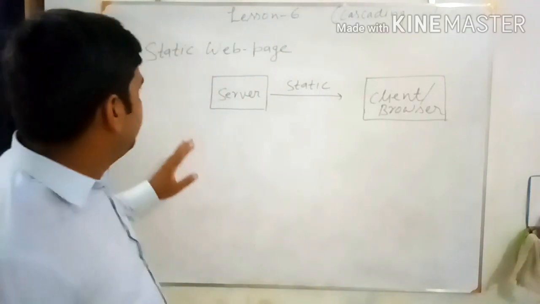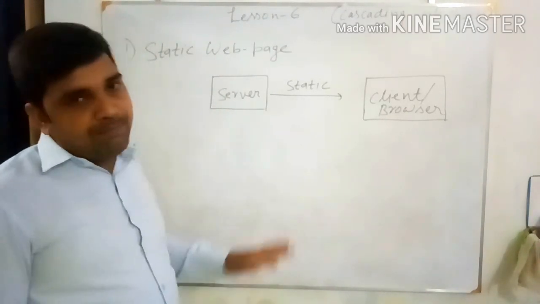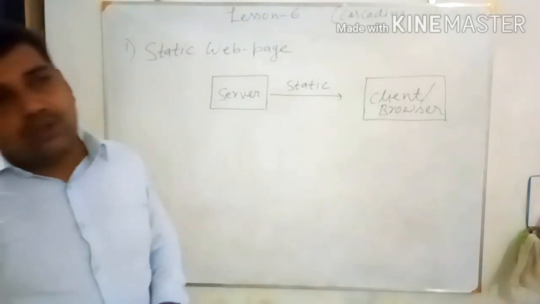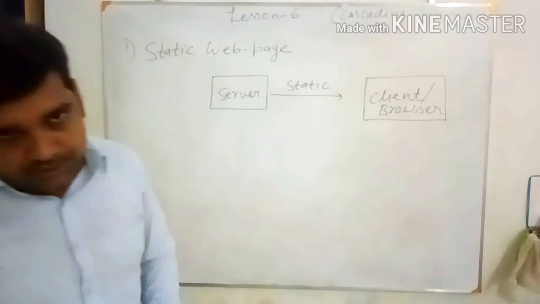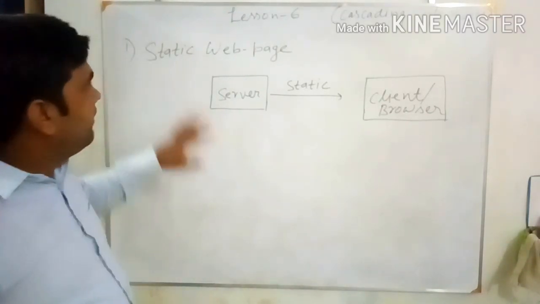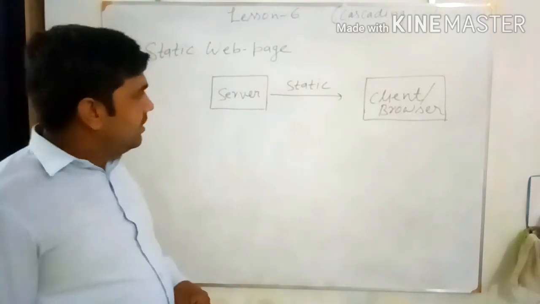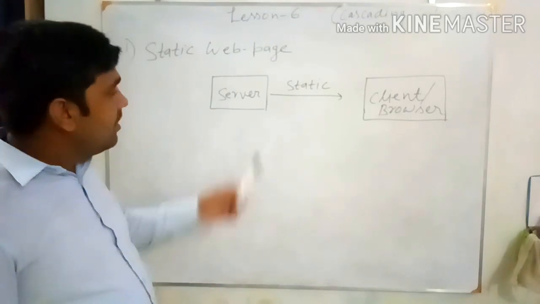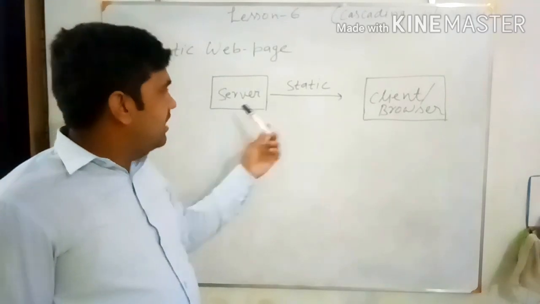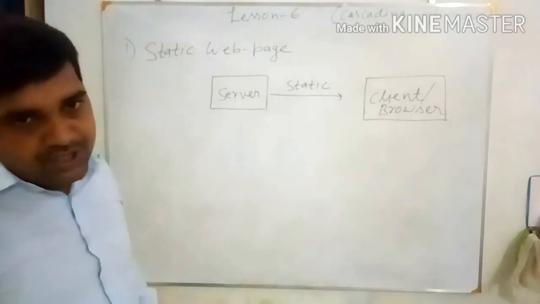But in the dynamic HTML, DHTML, in the dynamic web page, if you open the same web page more than one number of times, every time you are going to get a different output. Means the content on the web page will be changed. But in the static web page, the content of the web page remains static. As you can see here, we send the request to the server, with the help of the browser, for a web page or a home page.